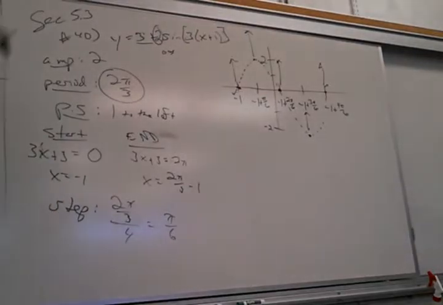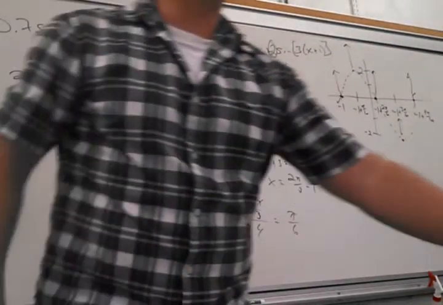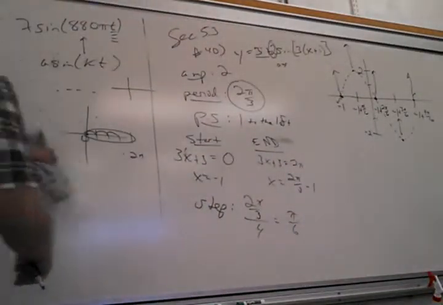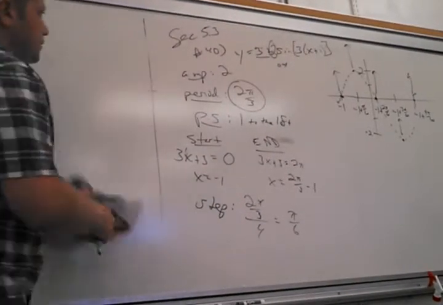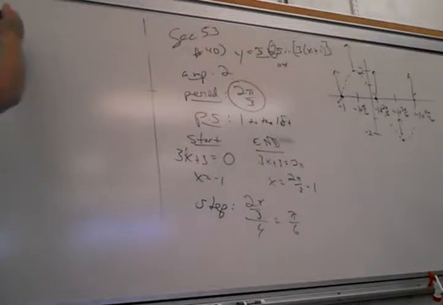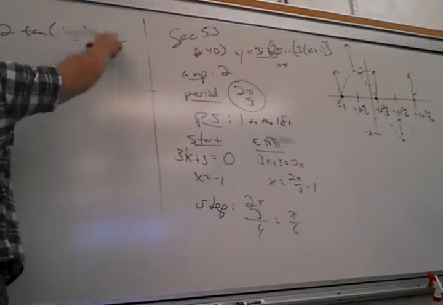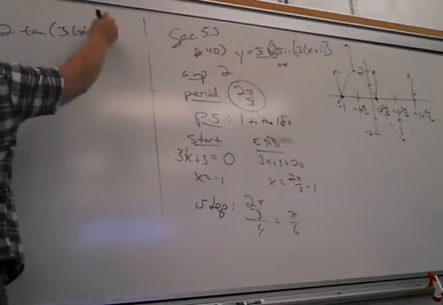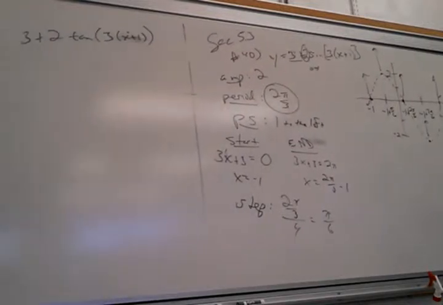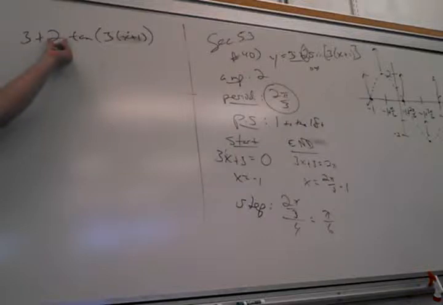Yes. If this was tangent, what would change if this was 3 + 2 tangent? Amplitude is not really there, but still, you could use this 2. What does tangent do at the beginning of its cycle?